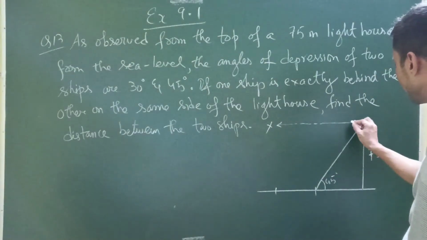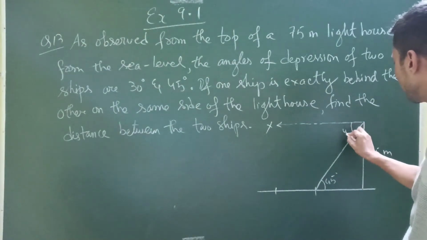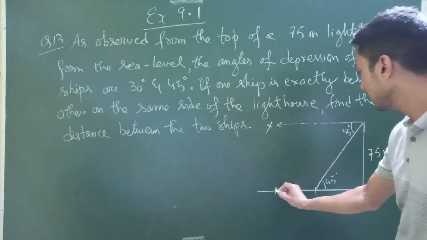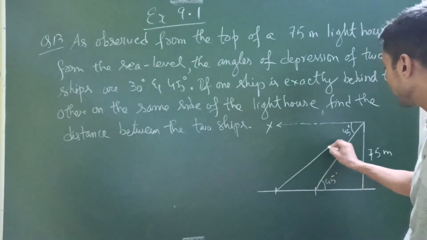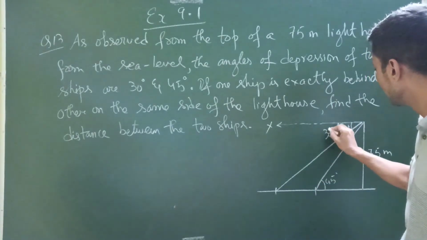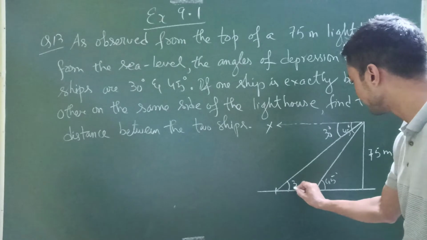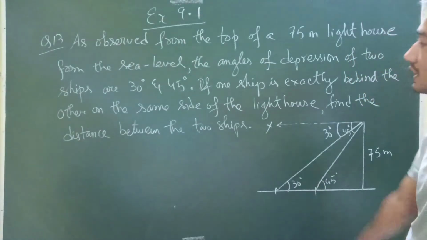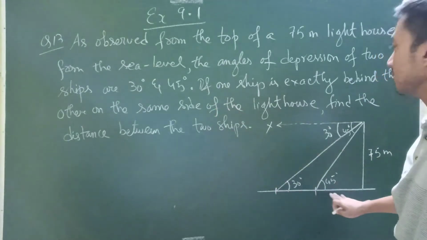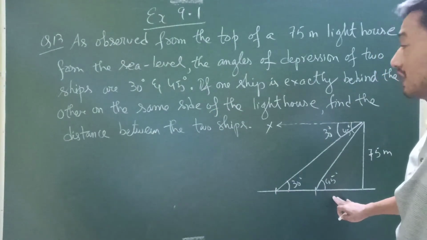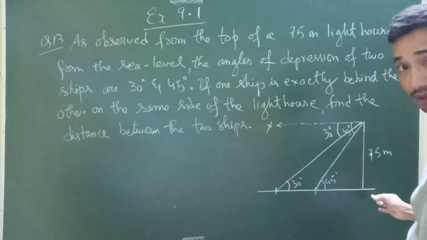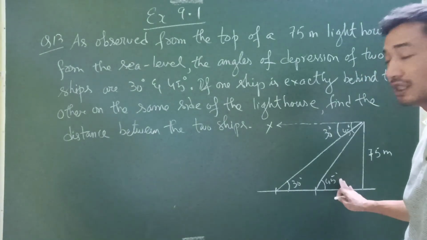So this angle is 45 degree because it's the angle of depression, compared to the other ship, which is forming an angle of depression of 30 degrees. When you draw the diagram, please see to it that this 45 degree is nearer to the lighthouse, because the nearer the angle should be bigger.